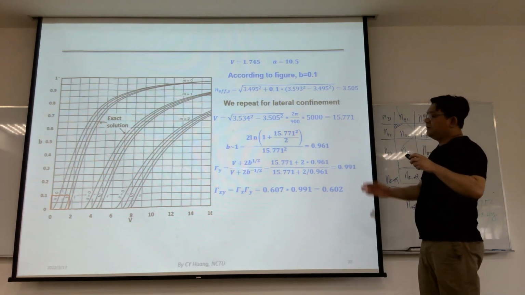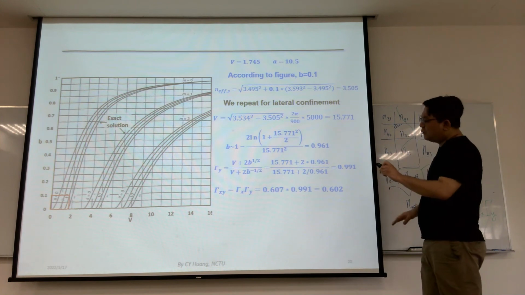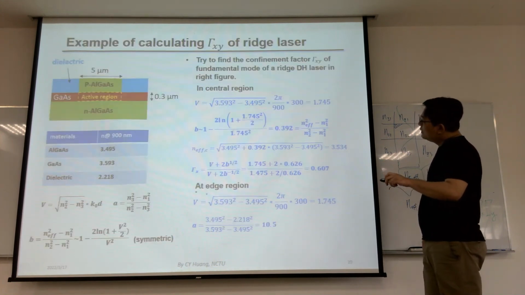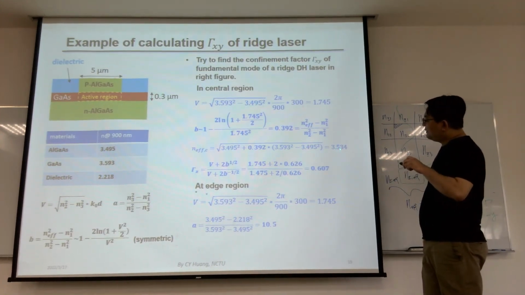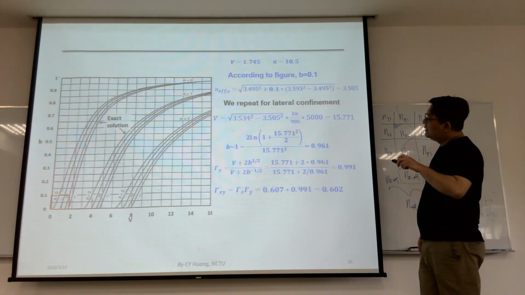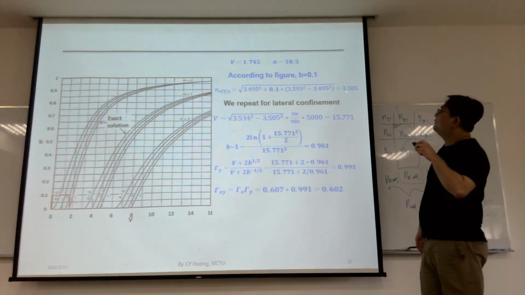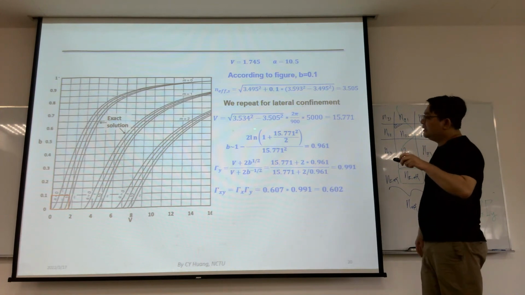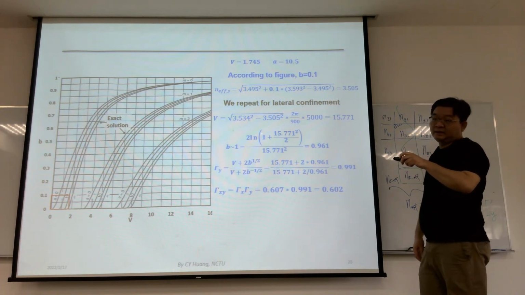Alright? So you have the central one to be 3.534 and the edge one is 3.505. Then repeat the whole process again.